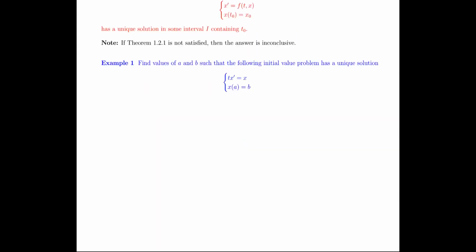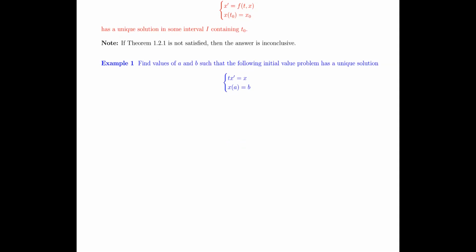So let's start with the initial value problem. t times x prime is equal to x, and we're given that x of a is equal to b. We want to find the values of a and b such that the following initial value problem has a unique solution. So what do we want to do?